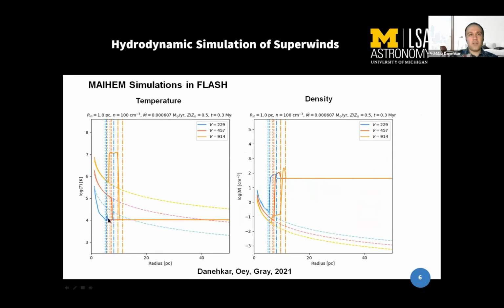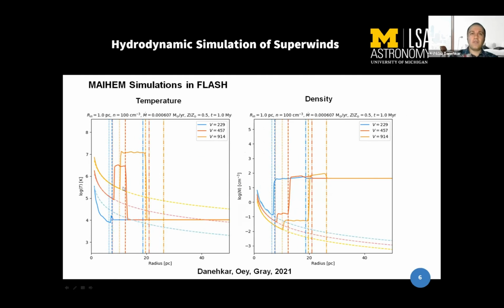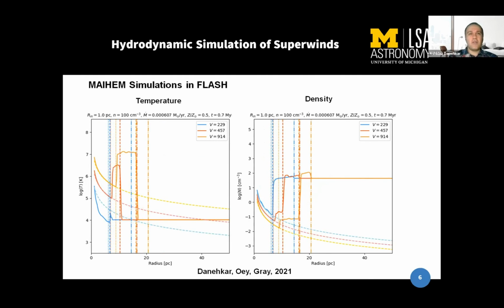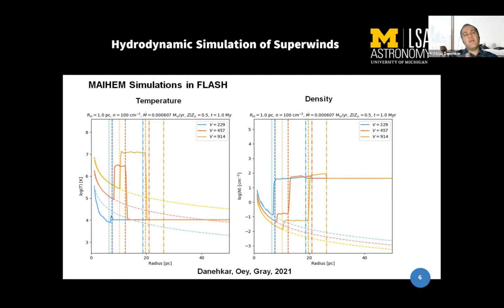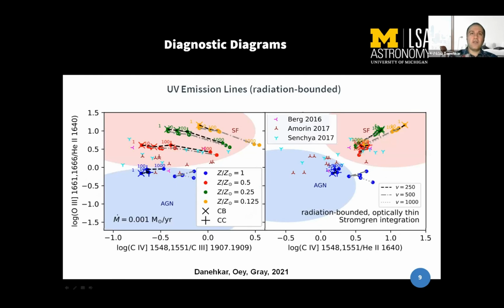Here you see the suppression of this bubble; this temperature bubble is not forming. And the next step is we should find a way to use these diagnostic diagrams to identify the formation of suppressed wind or catastrophic cooling.